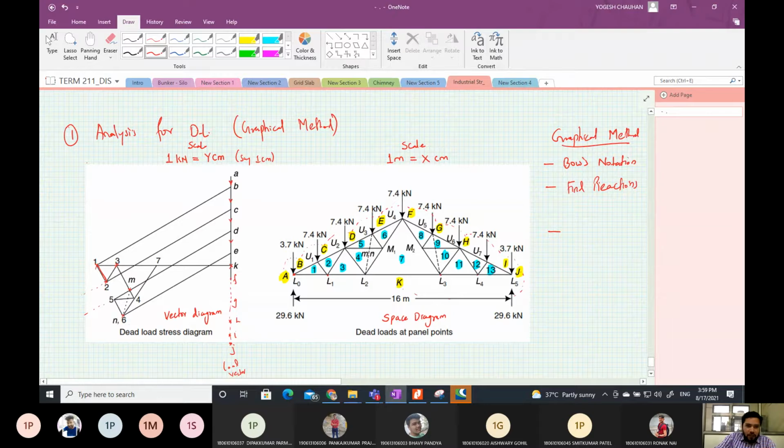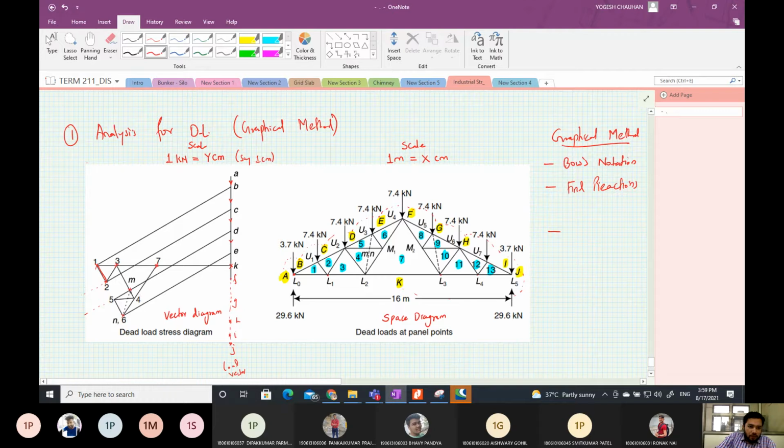So now this N and 6 are the same. Then you draw a line parallel to 6 7, so you will get this line 6 7.